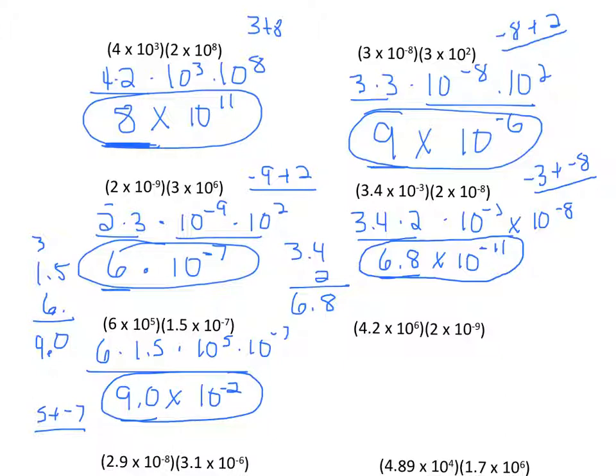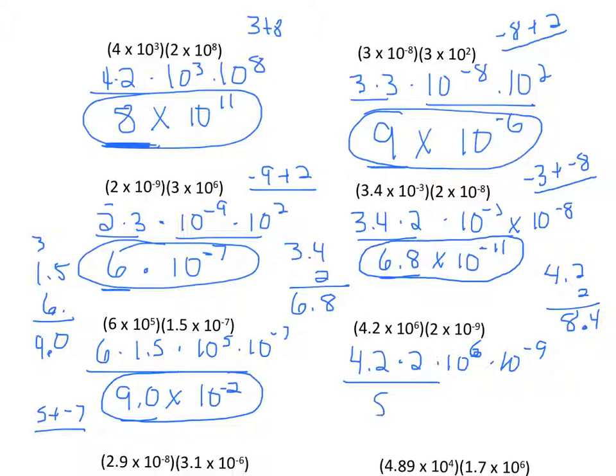And the last example for right now, we regroup. So I have my decimal part next to each other. Oops, 6. We simplify. I'm going to do this off to the side. 2 times 2 is 4. 2 times 4 is 8. There's one decimal, so I'm going to put the decimal there.